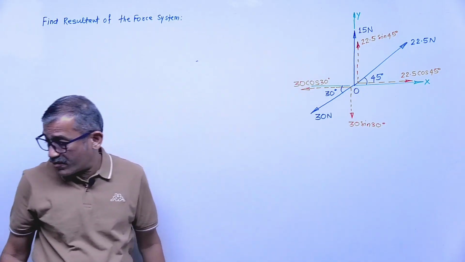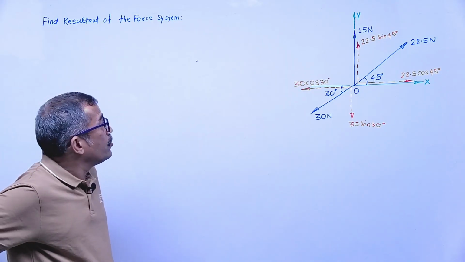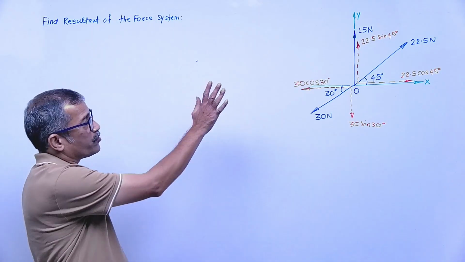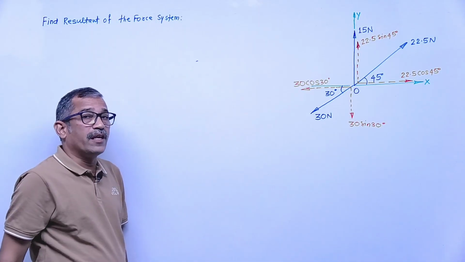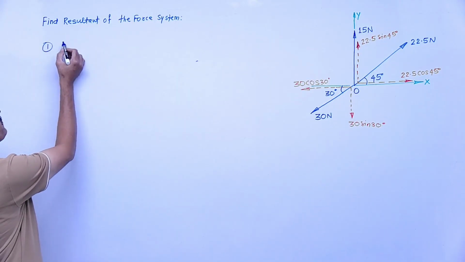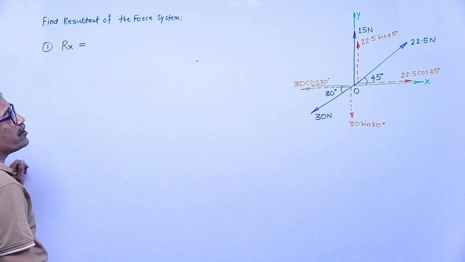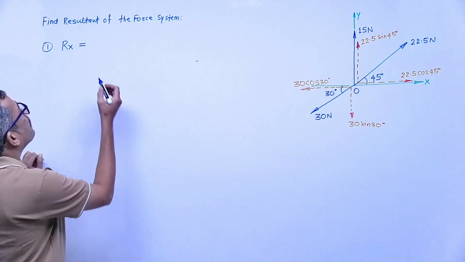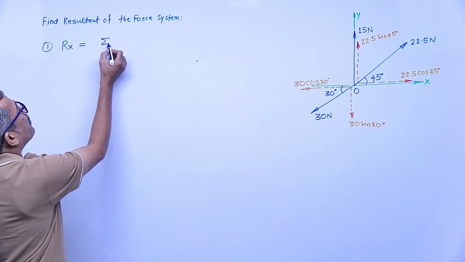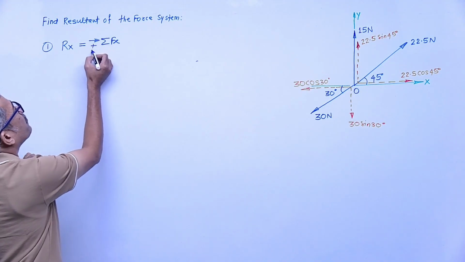What is the method to find the resultant of a concurrent force system? First, we resolve the forces, which is done. Next, we find the component of the resultant along the x-axis by simply adding all components along the x-axis. So the equation is summation of Fx, assuming rightward forces positive.